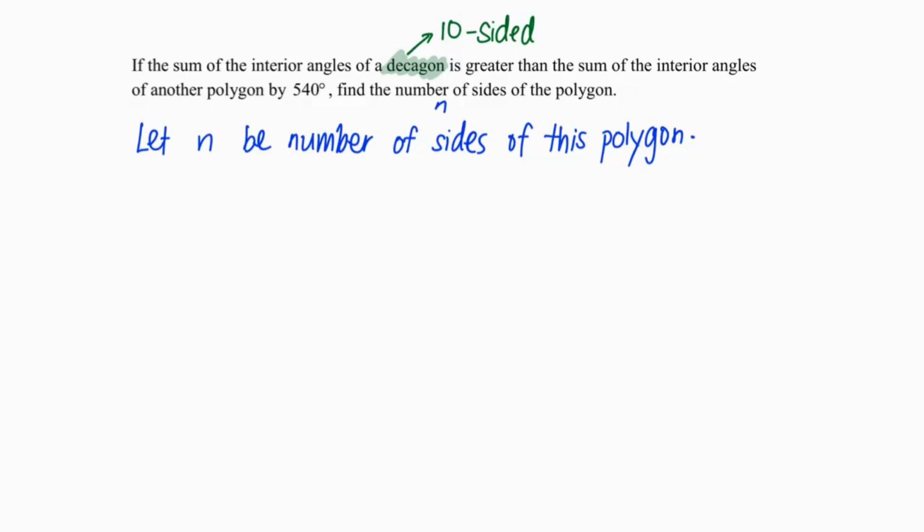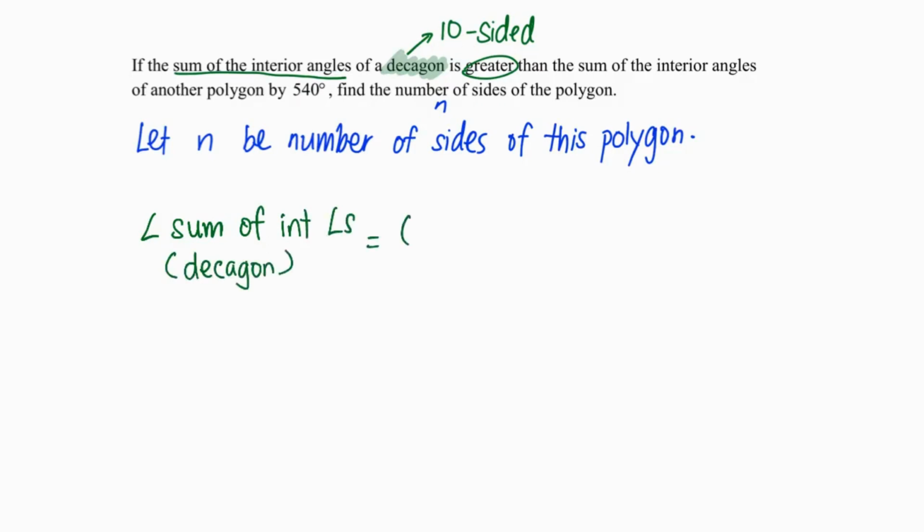Since the sum of interior angles is greater, when I form the equation, 10-sided for a decagon, the sum of interior angles for this decagon is 10 minus 2 times 180 degrees, which is 1440 degrees.